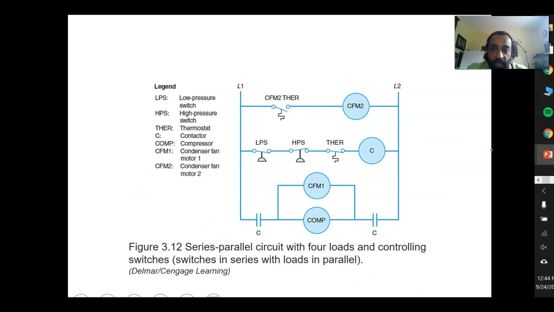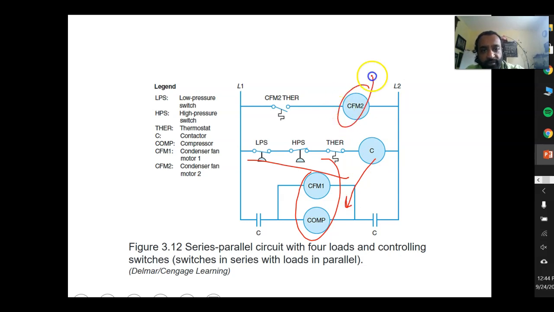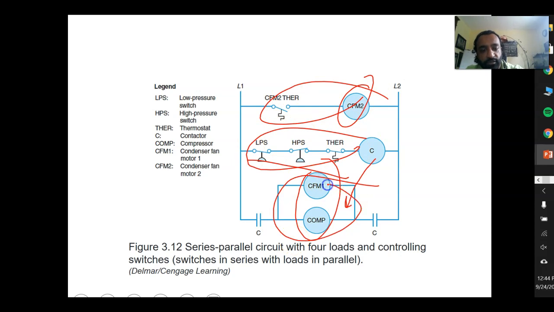Okay, here's another schematic for a combination circuit, and you see those two are in parallel. What about these? Series. What about this and this circuit? They are in parallel. What about this and this circuit? They are in parallel. This circuit here and this circuit, and these are all in parallel.